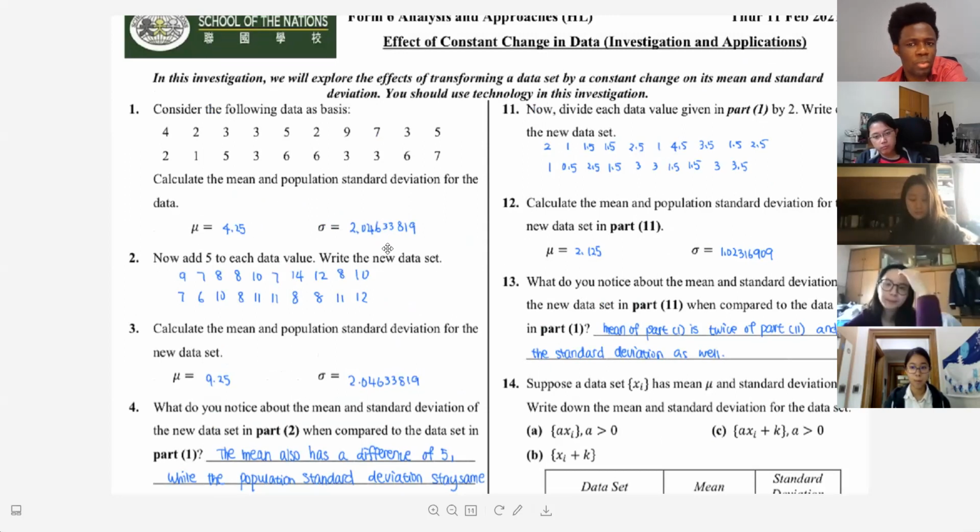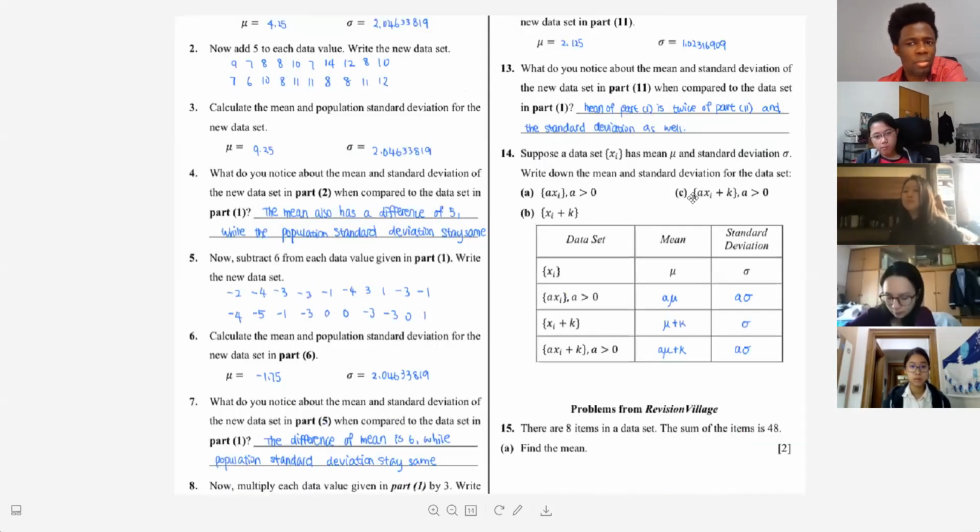The mean has dropped by half, the standard deviation also dropped by half. So remember, A is a number greater than 0. I didn't put that condition. So A could be 1/2. So it works for both multiplication and division.